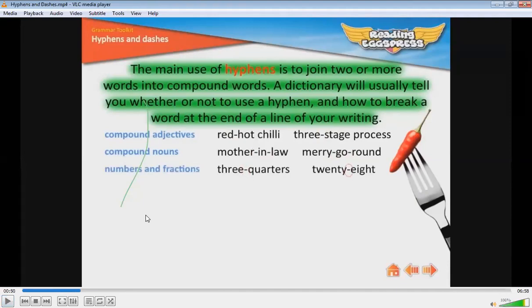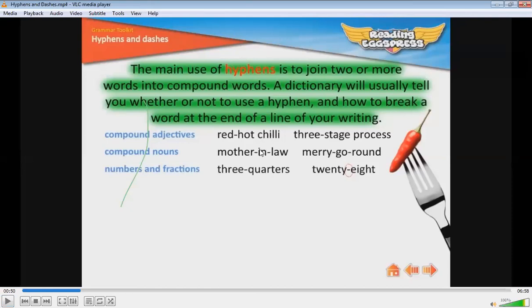Hyphens are used to make compound adjectives. How? The word chili is a noun. It is modified by the adjective red-hot. Red-hot consists of two words, so that's why we call it a compound adjective. It is modifying the noun chili. The other one here, the word process, is a noun. This noun is modified by the two-word adjective 3-stage.